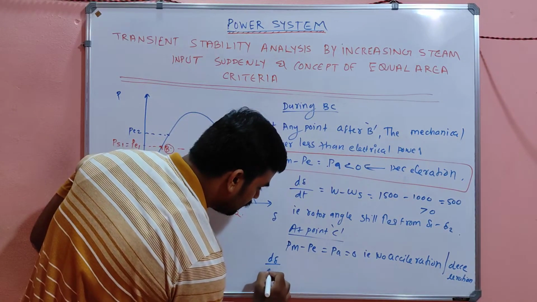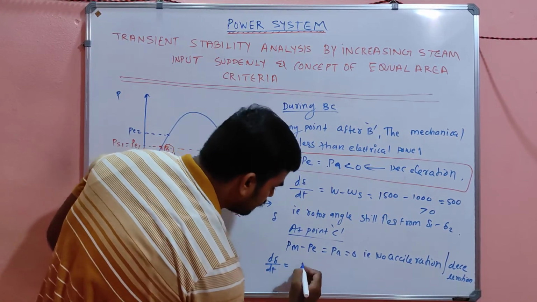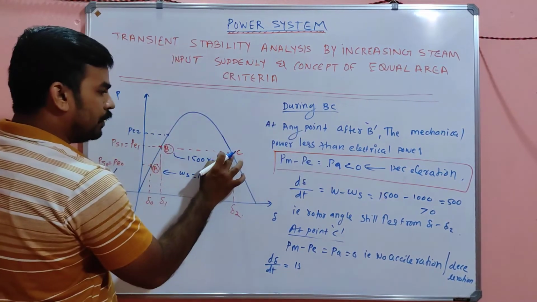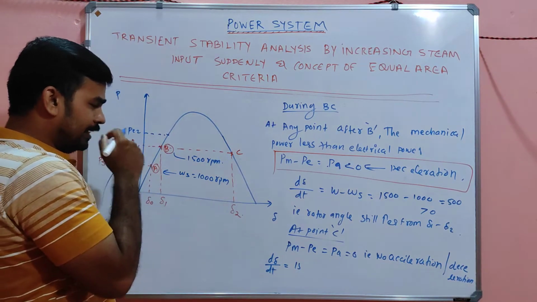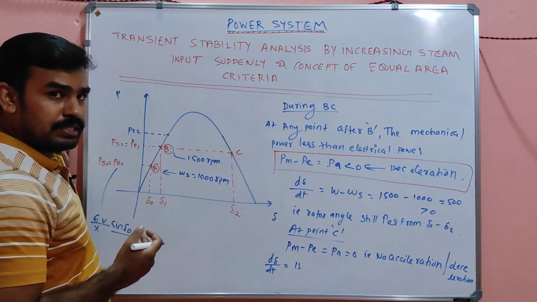What about d delta by dt now? At point C, what was the importance of point C?